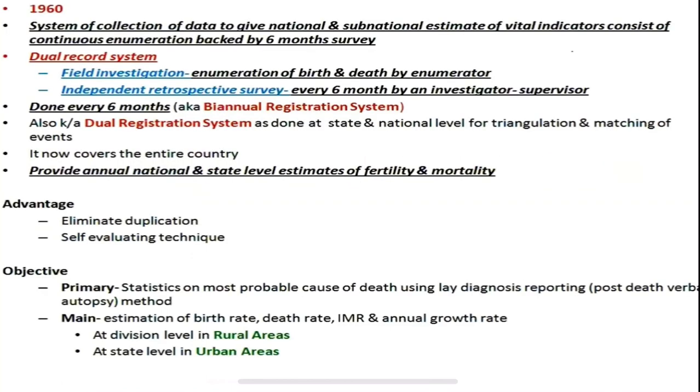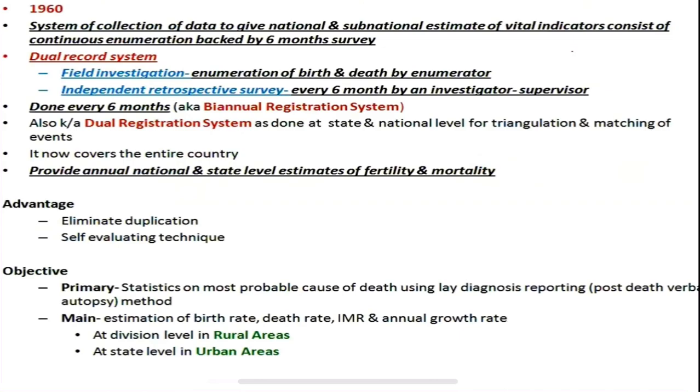The Sample Registration System, which came into act in 1960, is a system of collection of data to give national and subnational estimates of vital indicators. It consists of continuous enumeration backed by a 6-month survey. So what do they mean here?